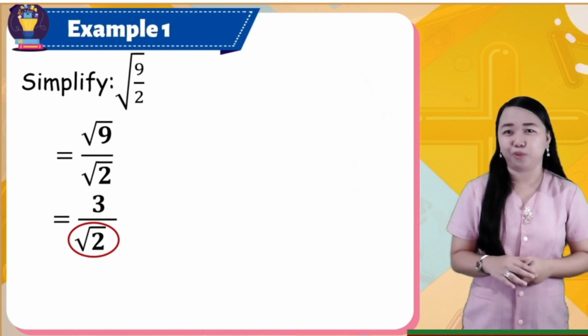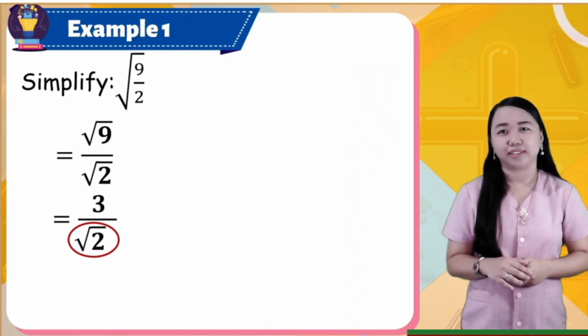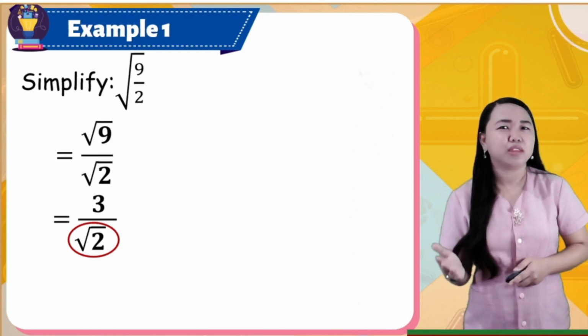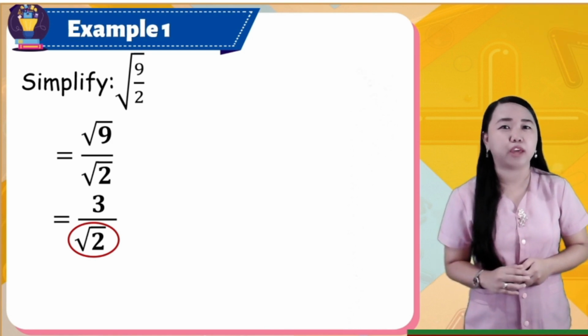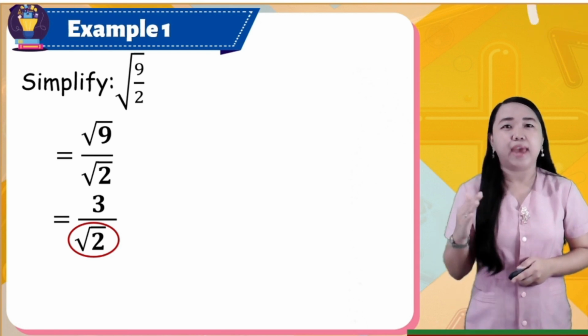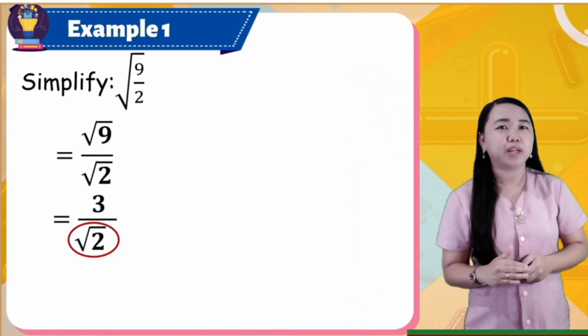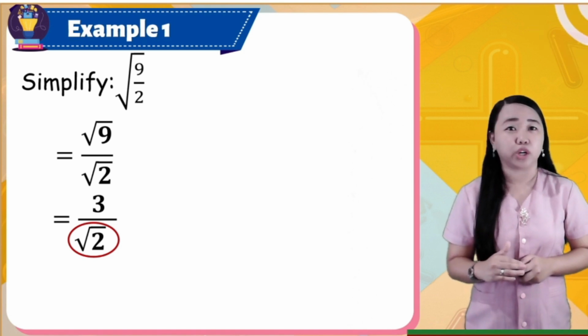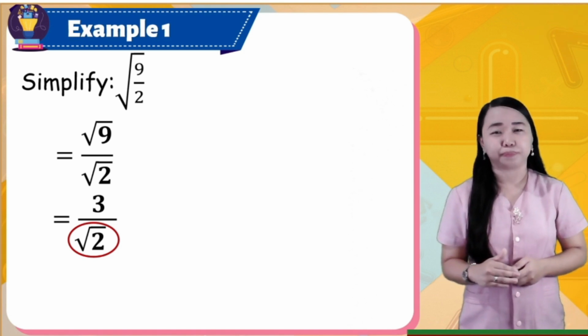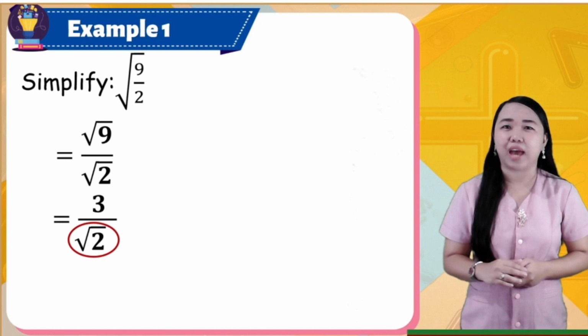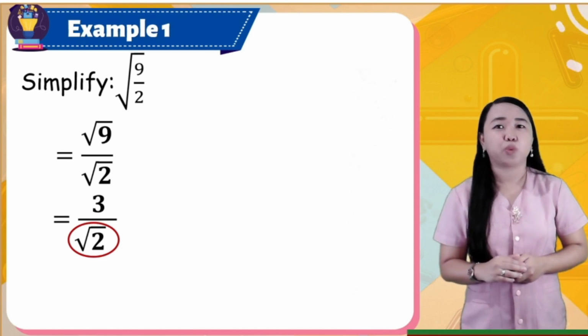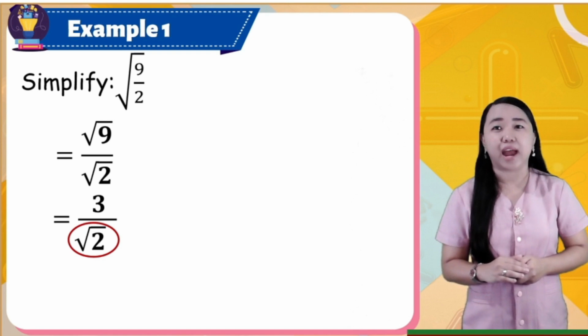So, how do we do that? What number can we multiply to both numerator and denominator such that the radical in the denominator becomes an integer or whole number? Before we answer that, take note that squaring a square root will leave only the radicand.